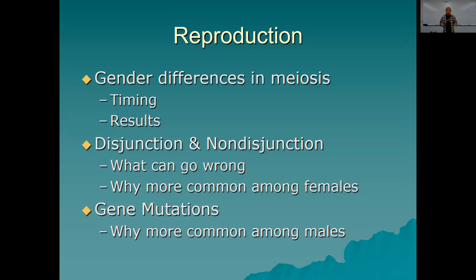So when a little baby girl is born, her oogonia have already started to make gametes. And they're arrested in prophase 1, and then they won't restart meiosis until puberty. So there's a difference in time.